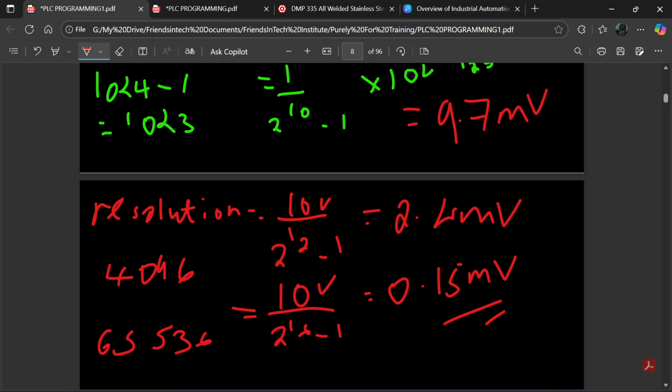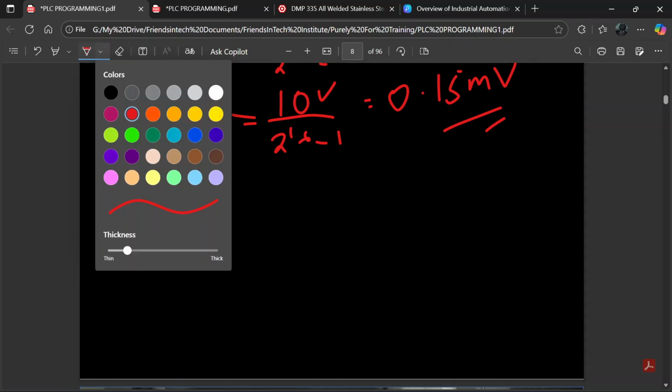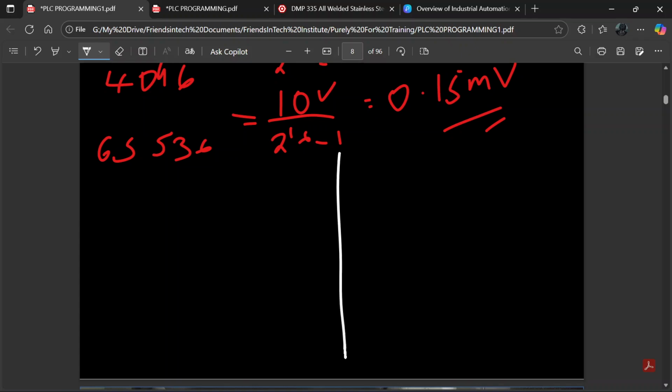If you're working with a 16-bit ADC, you just need 0.15 millivolts to change a bit. So this is what will happen. Let's draw a small table here for 16-bit. This is the voltage, and this is the digital signal conversion.